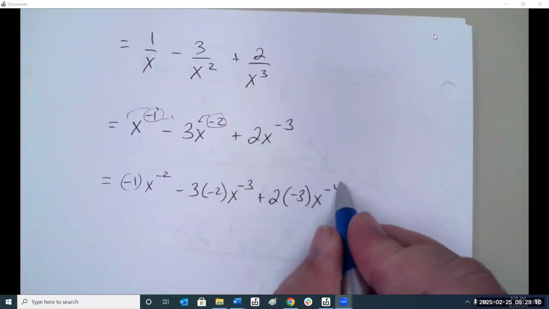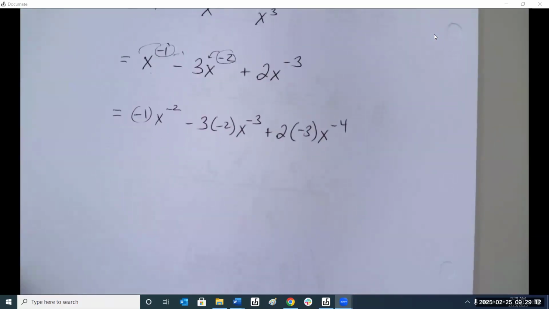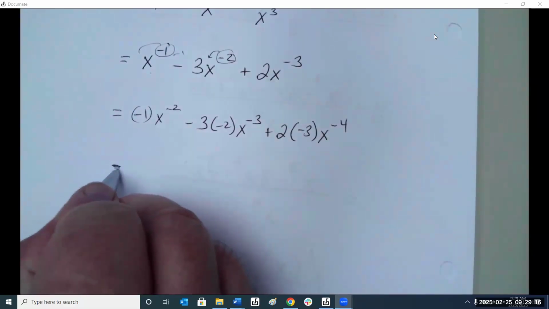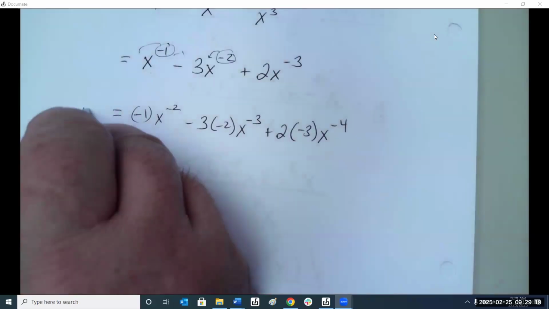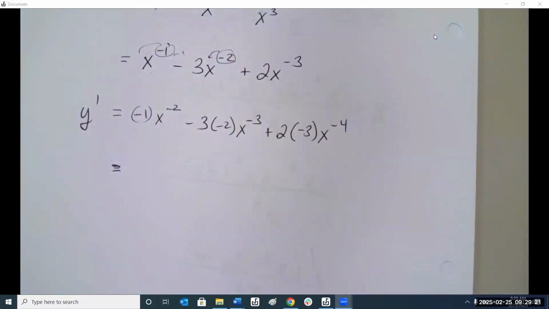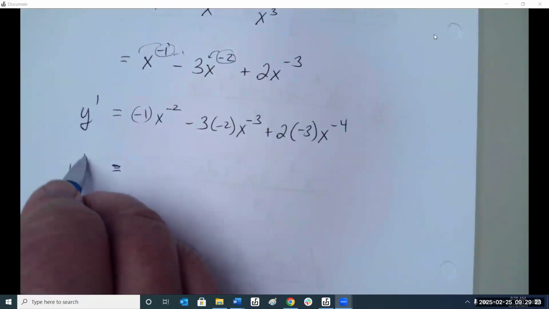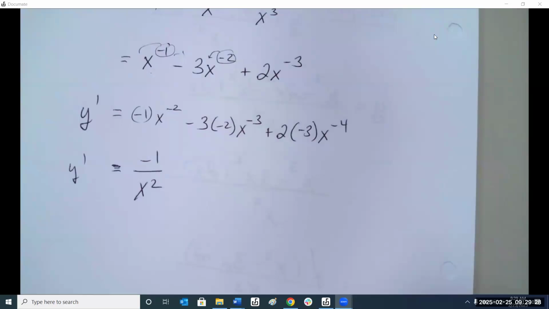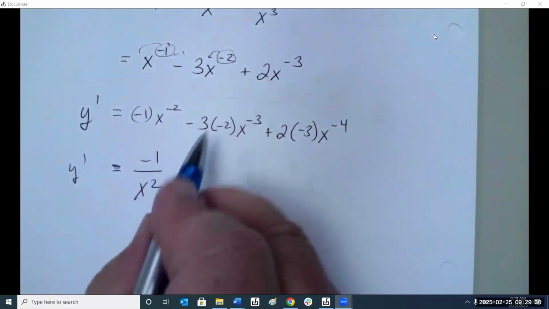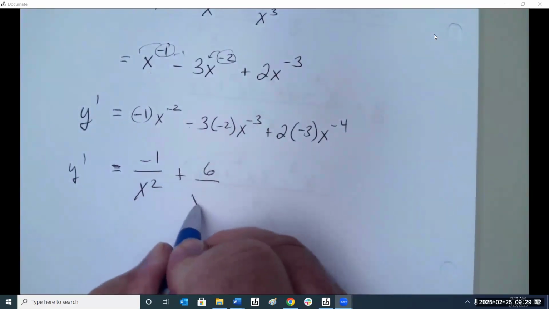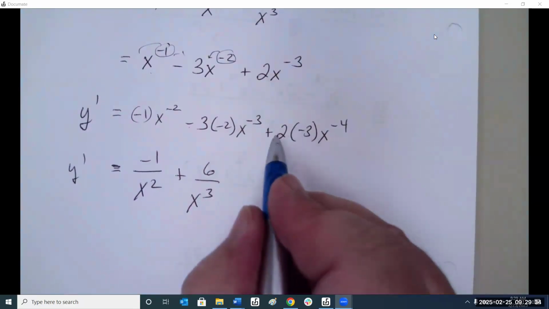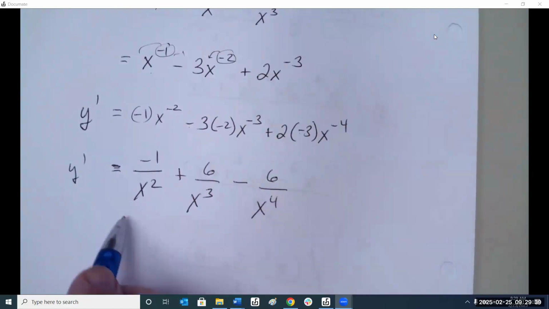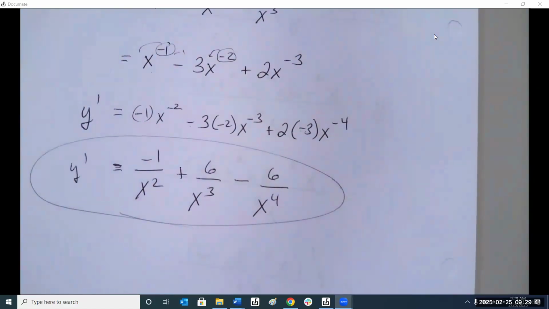And subtract 1, we have -4. So that's my derivative. So I get -1 over x squared. Negative makes it a positive 6 over x cubed. Positive negative makes it a negative 6 over x to the 4th. And there's my answer.